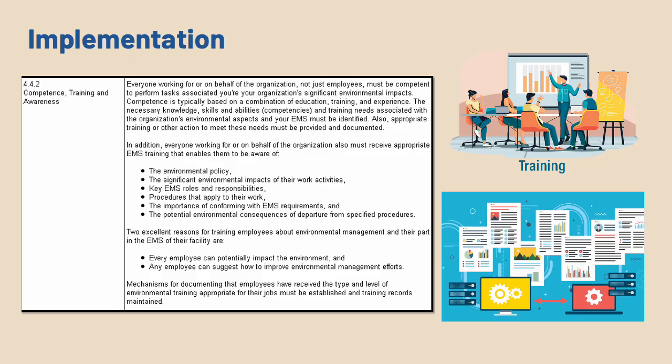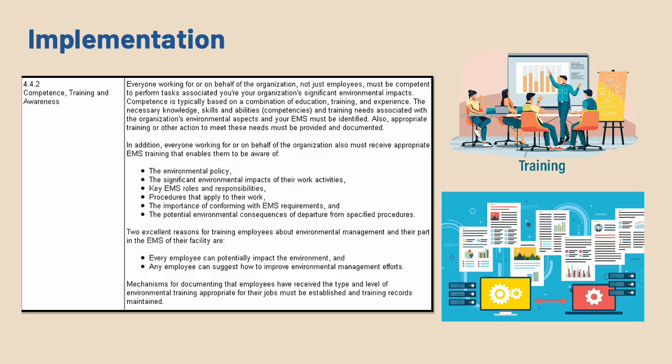So that's why don't think that when you are implementing EMS, you only cover your direct staff. It also covers people that work on behalf of your organization. So why is this important?